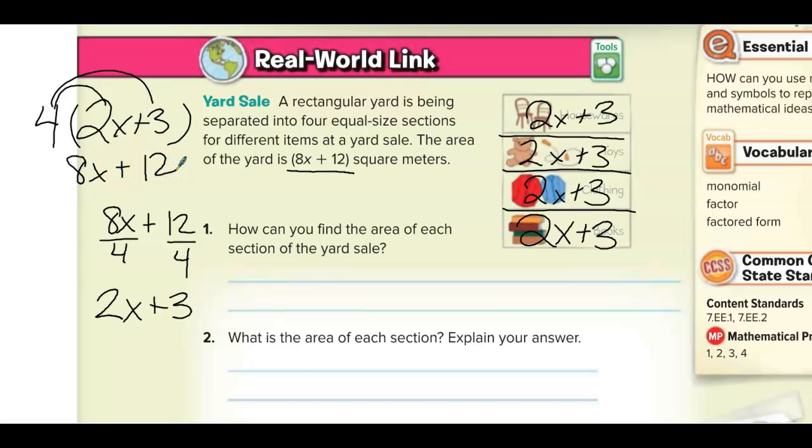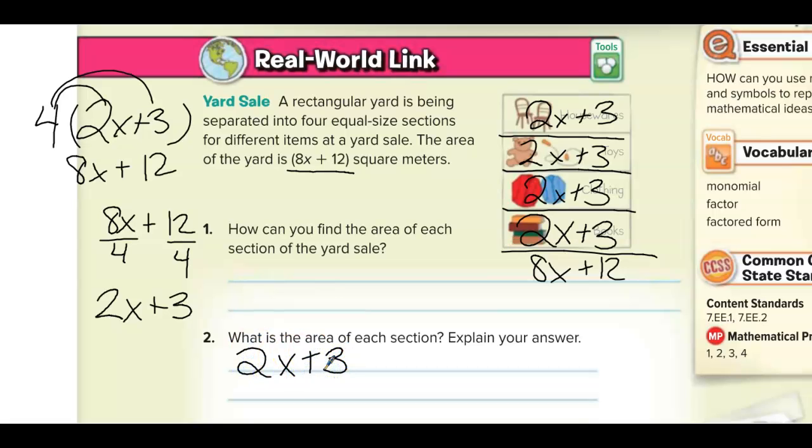Okay, or I could add up my like terms. 2 plus 2 is 4, plus 2 is 6, plus 2 is 8. So I got 8x. 3 plus 3 is 6, plus 3 is 9, plus 3 is 12. So again, did I get my total? Yes. Okay, so each section is worth how much? 2x plus 3.